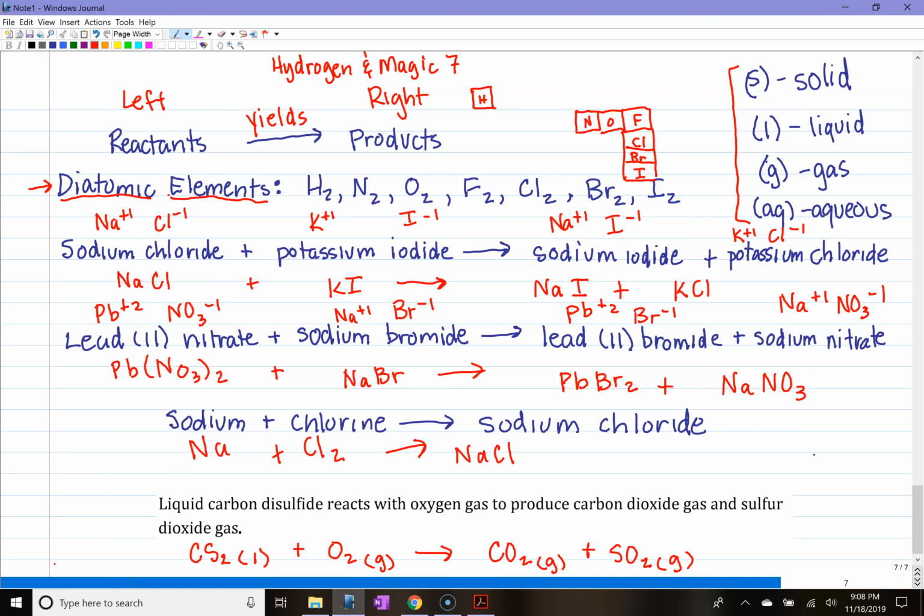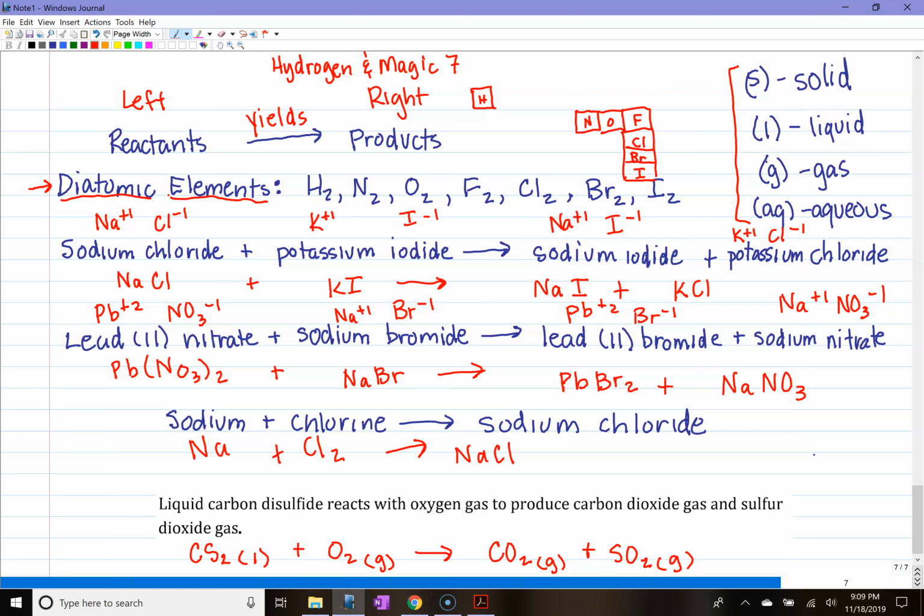The last one tells us that liquid carbon disulfide reacts with oxygen gas to produce carbon dioxide gas and sulfur dioxide gas. These are all covalent compounds, and so we're using the prefixes to help us name them. Carbon disulfide would be CS2, and we're told that it's a liquid, so the state of matter would be L. Plus oxygen gas.